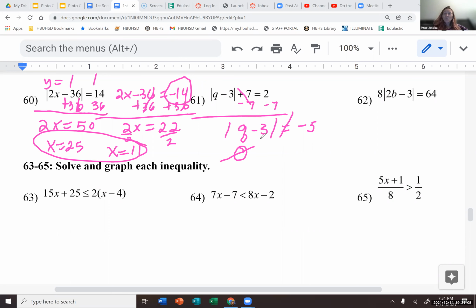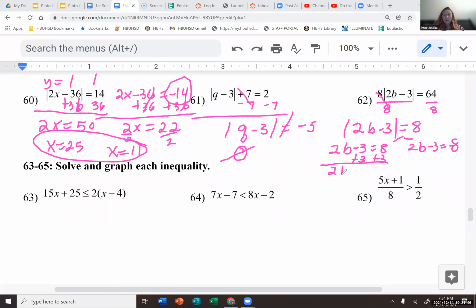On 62, we again want to isolate the absolute value symbol, but to do that, we just divide by 8. And so dividing by 8 here, we are going to have 2b minus 3 is equal to 8. And then that creates the two possibles. 2b minus 3 is equal to 8, and 2b minus 3 is equal to -8. Solving both of those, I add 3.